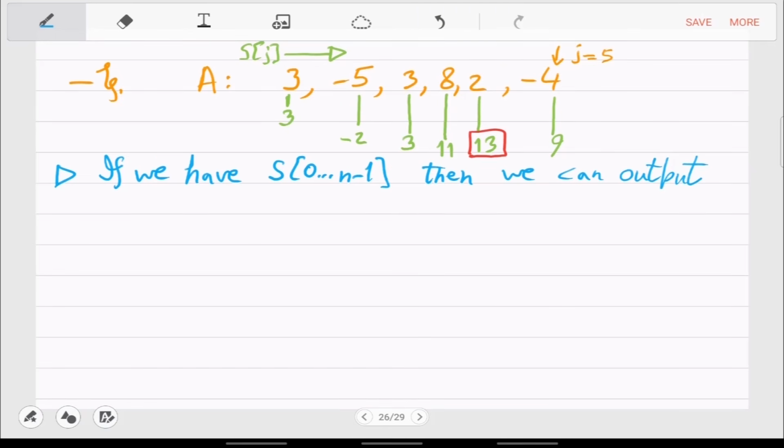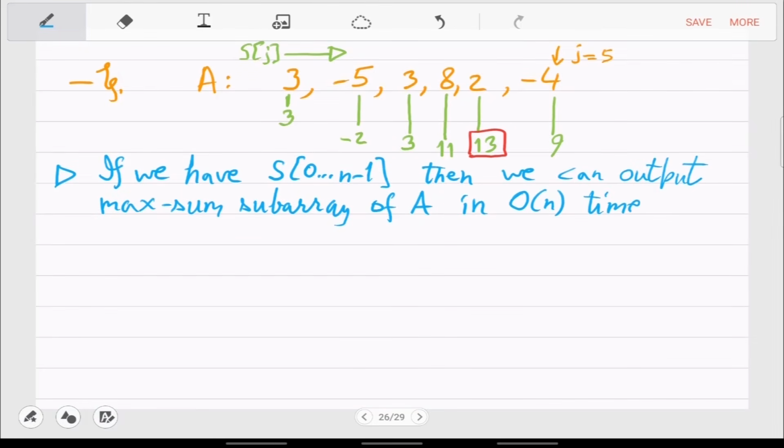Then we can output max sum subarray of A in order n time. Right, because you just have to calculate the max of these green values.